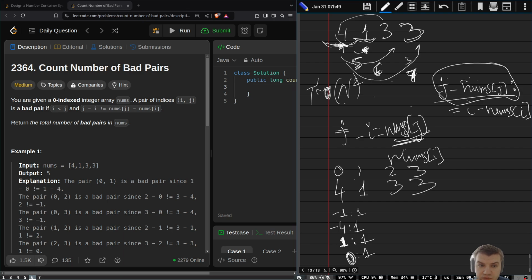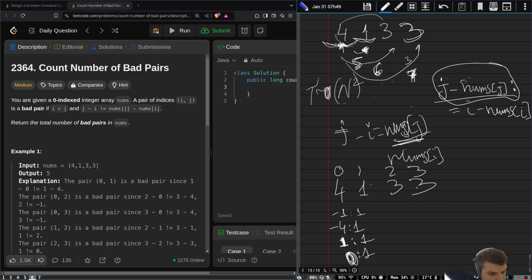It should be what? Minus. So how many bad pairs does this array have? 1, 2, 3, 4, 5, 6.